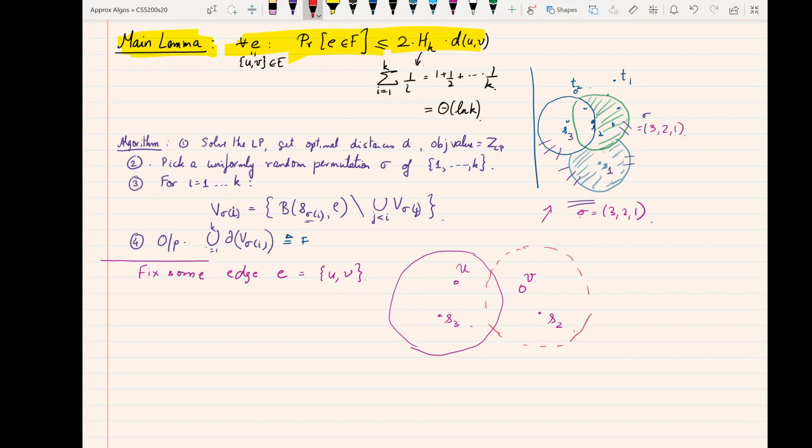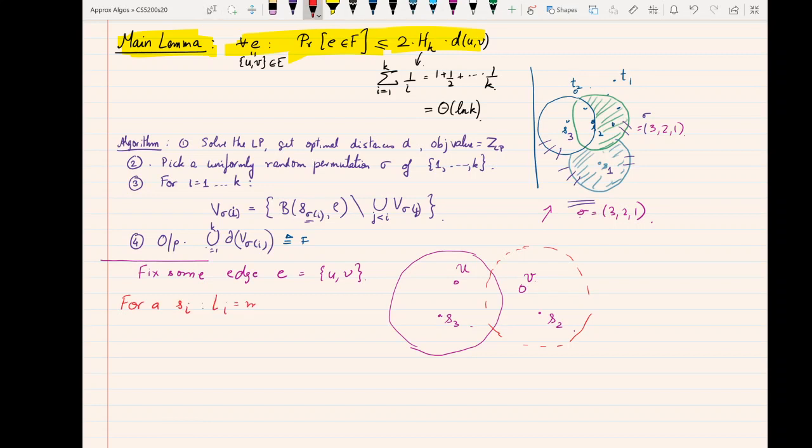So it depends on, first of all, which terminal comes up first in your permutation of 1 to k, and secondly, what is the random radius that is chosen. Both of these come together in a very nice way. To capture this, we'll introduce some notation for a terminal si.